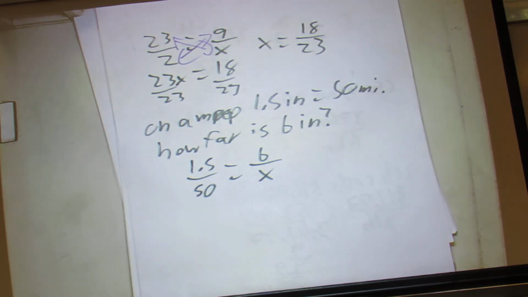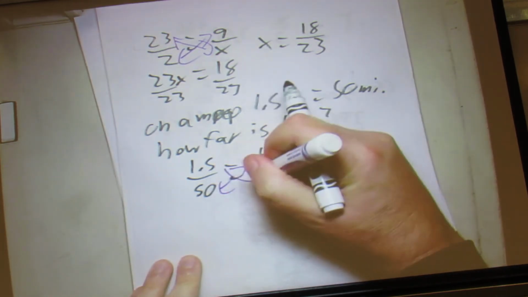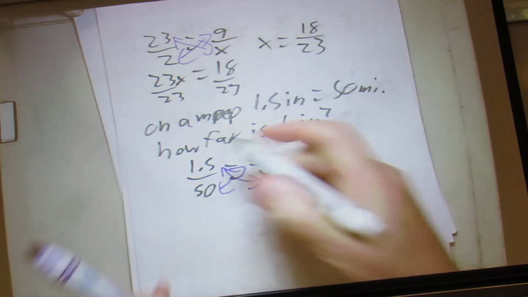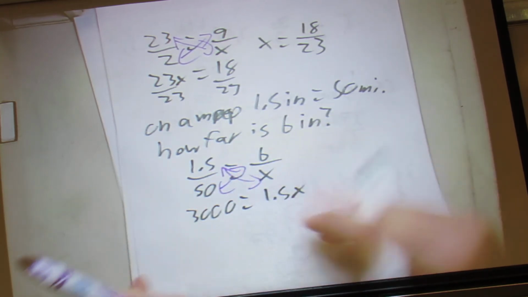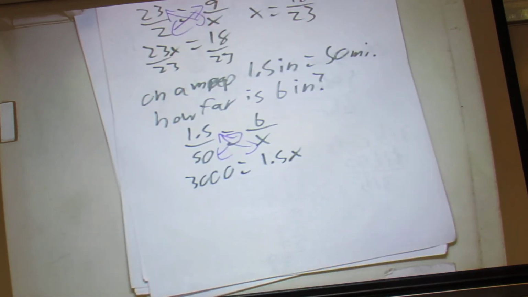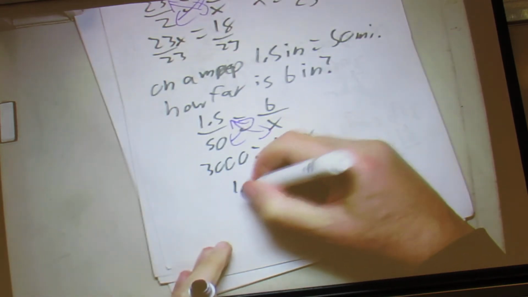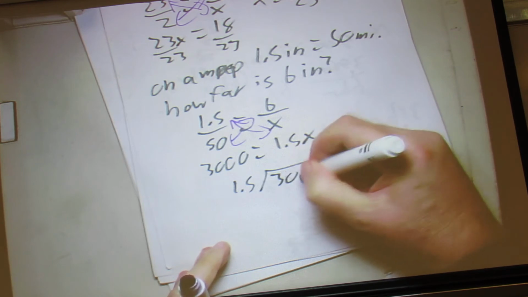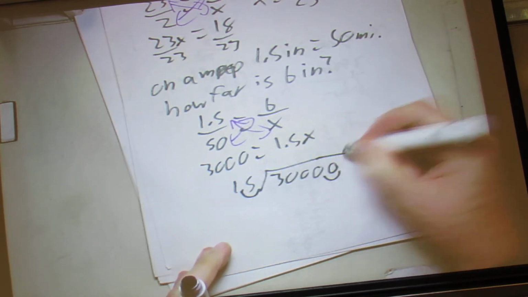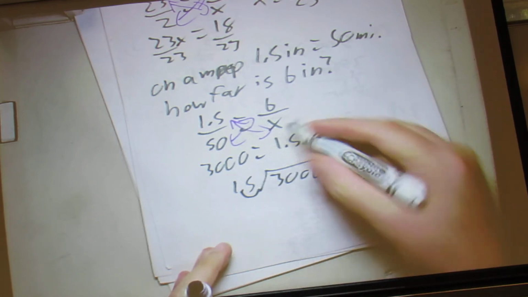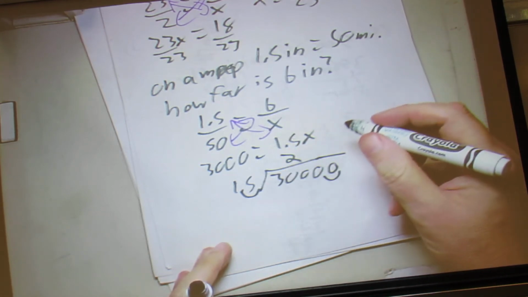Again, we're going to cross multiply. We're going to get 300 equals 1.5x. Now when we divide both sides by 1.5, we need to move the decimal over. So we're going to have another 0 here. 15 goes into 30 two times.